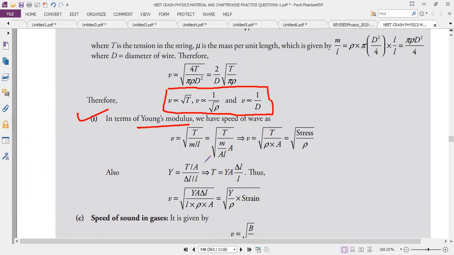If they ask in terms of Young's modulus, you can use this formula: v is equal to root of Y by rho, into strain.